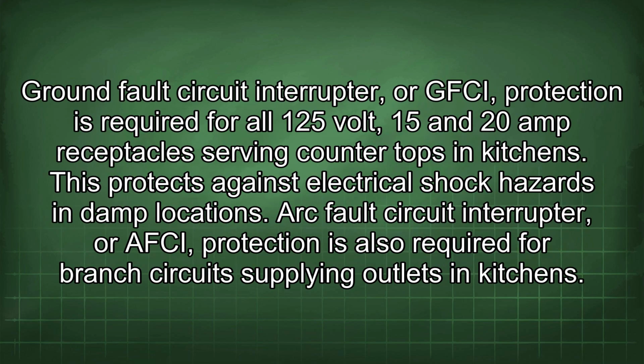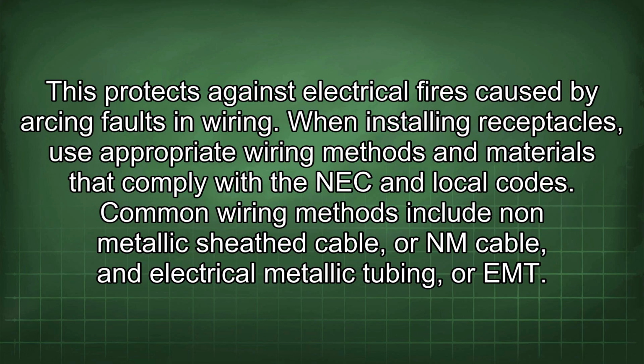Ground fault circuit interrupter, or GFCI, protection is required for all 125-volt, 15 and 20 amp receptacles serving countertops in kitchens. This protects against electrical shock hazards in damp locations. Arc fault circuit interrupter, or AFCI, protection is also required for branch circuits supplying outlets in kitchens. This protects against electrical fires caused by arcing faults in wiring.